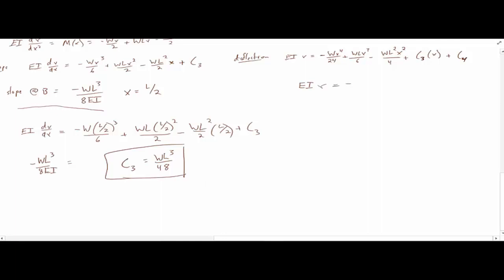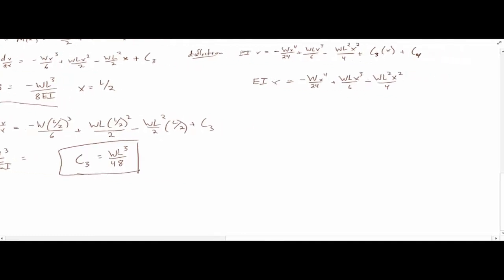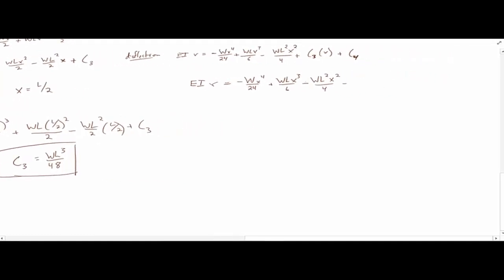So EI nu equals negative WX to the 4th over 24 plus WL x cubed over 6 minus WL squared x squared over 4 plus WL cubed over 48 multiplied to x plus C sub 4.